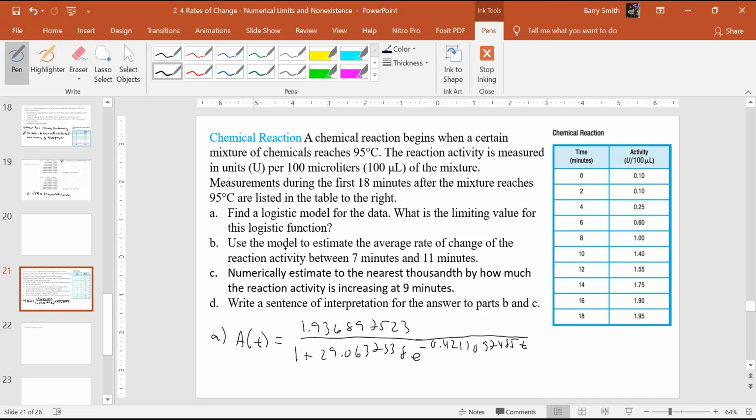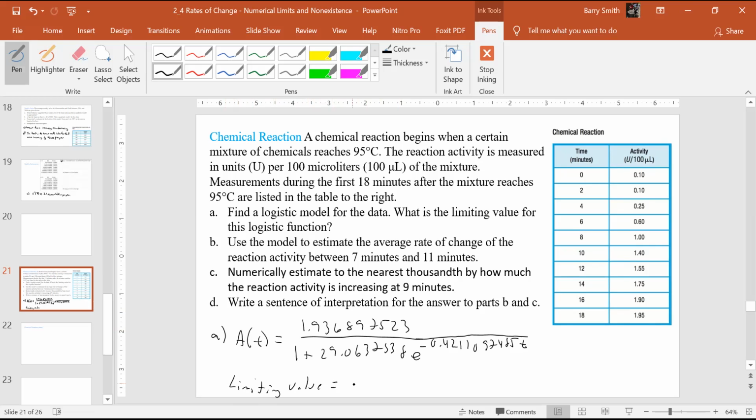And so limiting value, that's going to be our numerator. And so the limiting value is equal to 1.93. I don't know how far we want to go, maybe to the 7. That's what I would do, 937. And what's the units? It's U per 100 microliters. Okay.